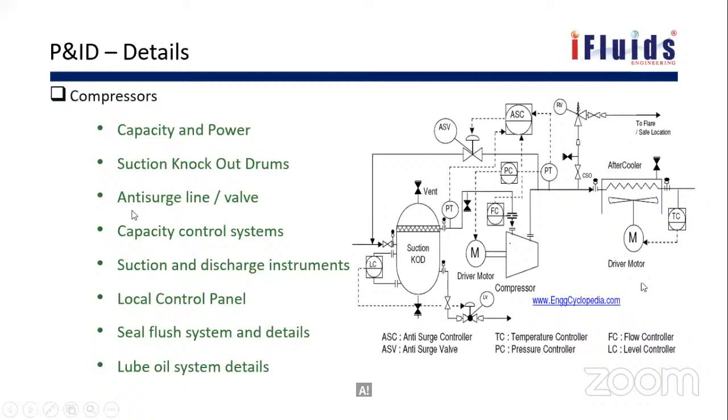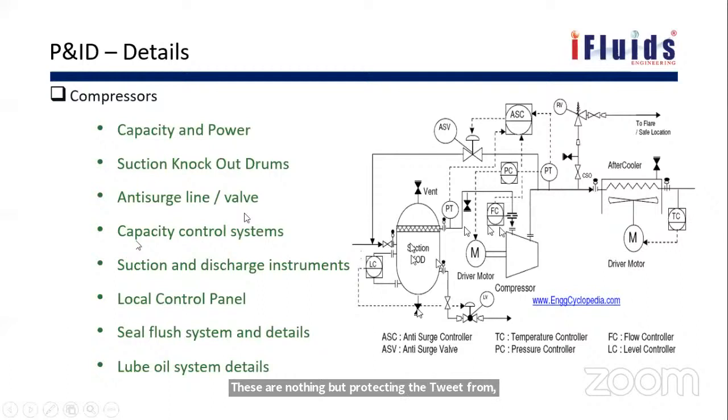Now we'll have a few more details. Winterizing protection. This is nothing but protecting the fluid from solidifying, because if the atmospheric temperature is very low, it will affect the fluid inside the pipeline.